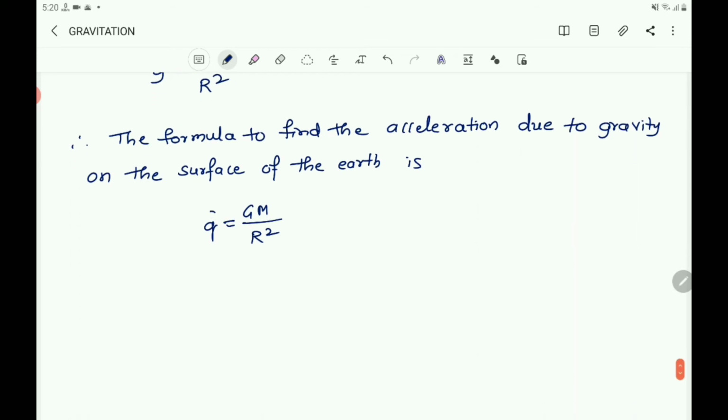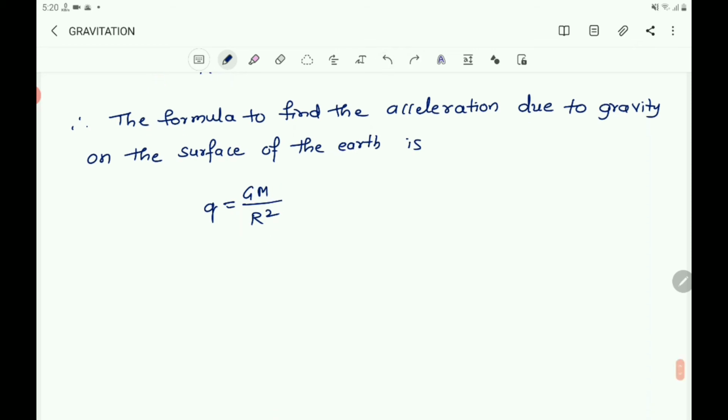Here what is g? g is acceleration due to gravity. This G is the gravitational constant and M is the mass of the earth. R is the radius of the earth.